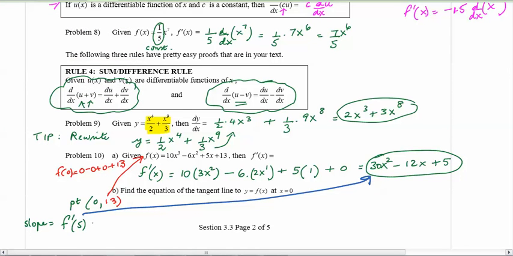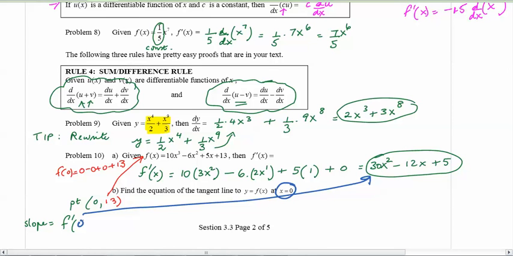All right, so that's going to be 30 times, oh, I'm sorry, it's not at 5. What on earth am I saying? Forget that. A senior moment here. It is f prime at 0. I want the slope of the tangent line at x equals 0.